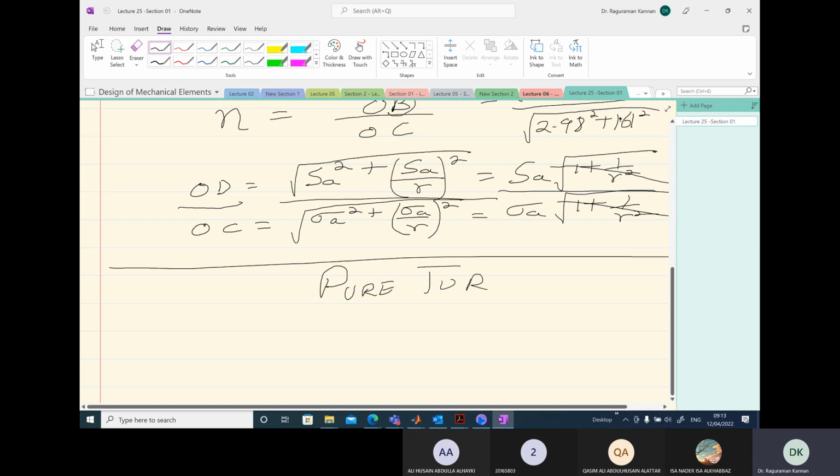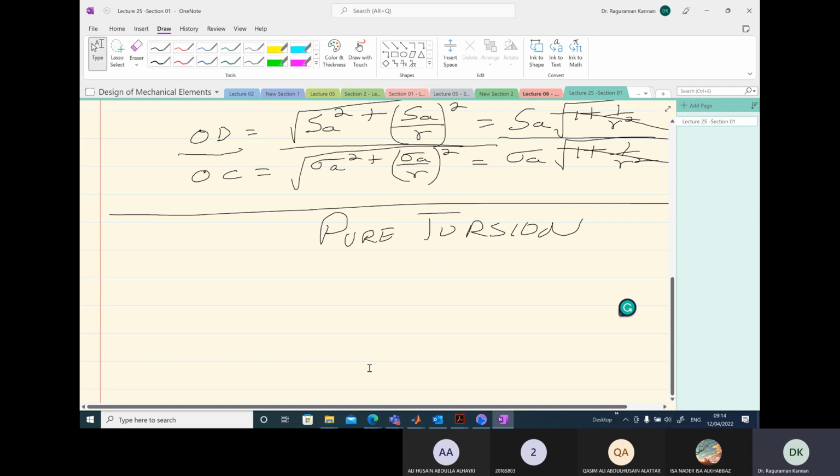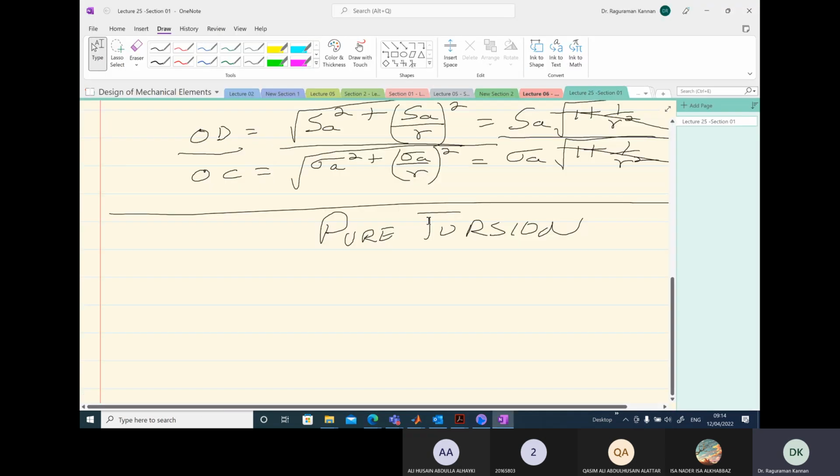Pure torsion case. Under torsion, we have only shear stresses and no normal stresses. So what is the equation I should use here? If I were to write the modified Goodman equation, in this case sigma A over SE is the original equation.